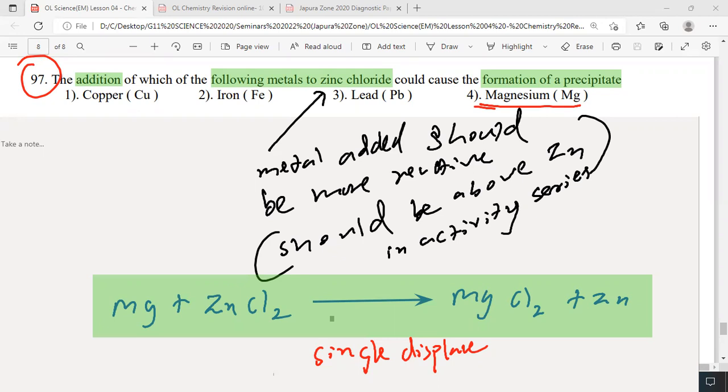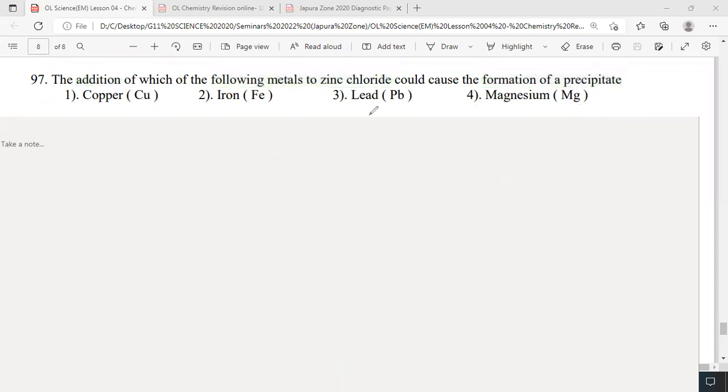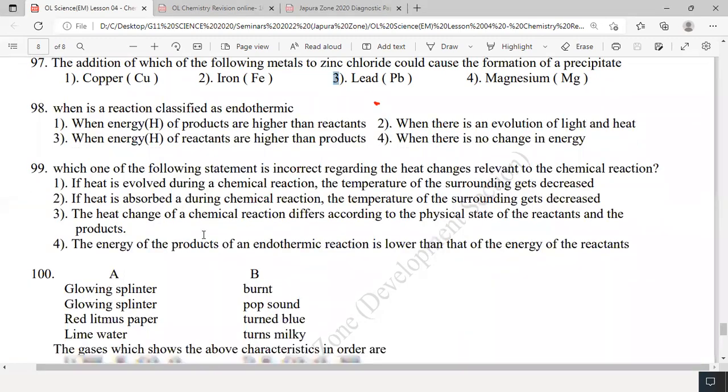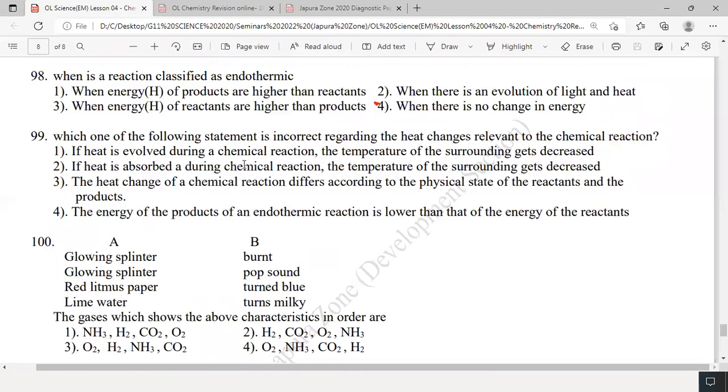Tiloni. Next one, question number 98. When a reaction is classified as endothermic, what is the meaning of endothermic?